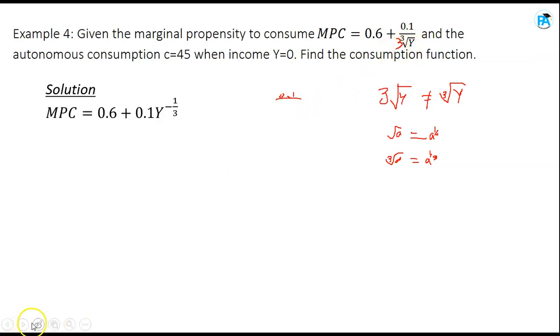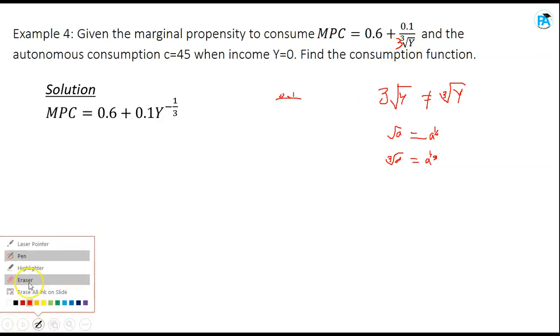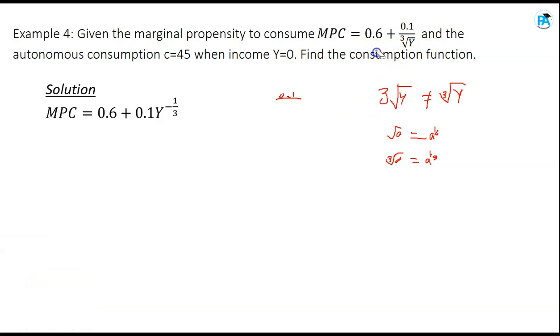Let me clean the previous one. I'll convert this to y exponent 1 over 3, isn't it? Y exponent 1 over 3.